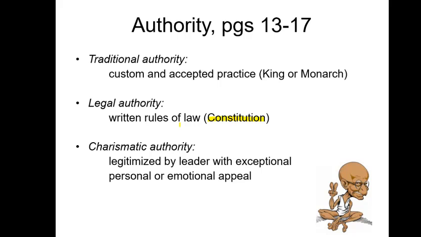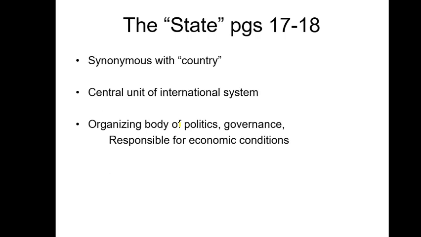Now, there's obviously negative examples of that with, for example, Hitler, a very powerful, charismatic person that came to power and then came to absolute power. We'll talk about that a little bit more later. So charismatic authority could go either way, but that's what that means.